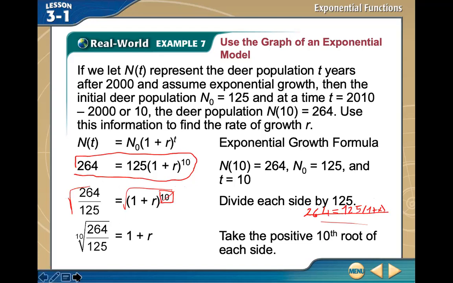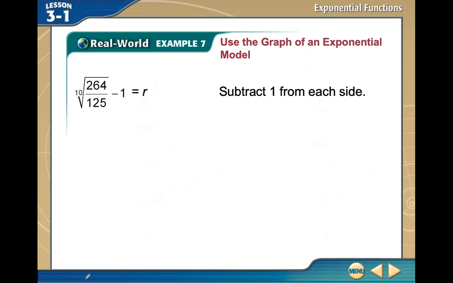And then we can take the 1 to the other side, and by using the calculator, we got this. Can you use your calculator, everybody? Can you get this result or not? Please do this now. Do you have a calculator which takes the 10th root? They give me 1.077.